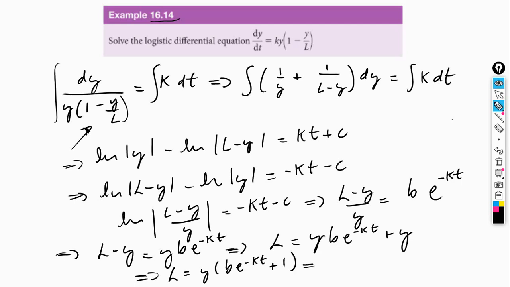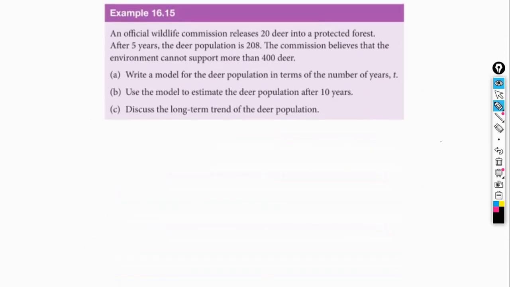And then finally we get that y is equal to L divided by 1 plus B, which is the arbitrary constant, e to the power of minus kt. So this is the family of equations that solve the logistic differential equation that we saw. So now let's continue with example 16.15.